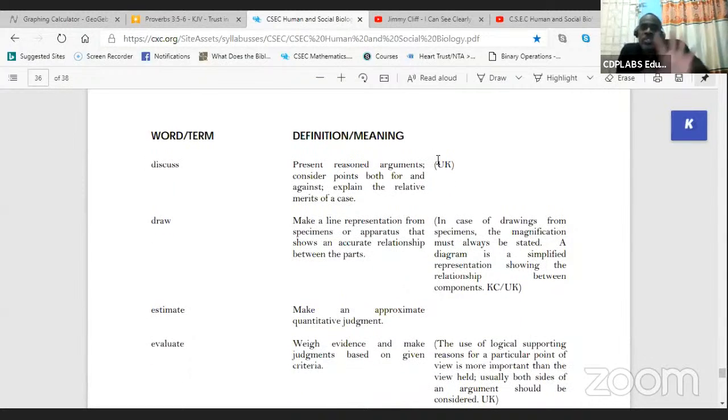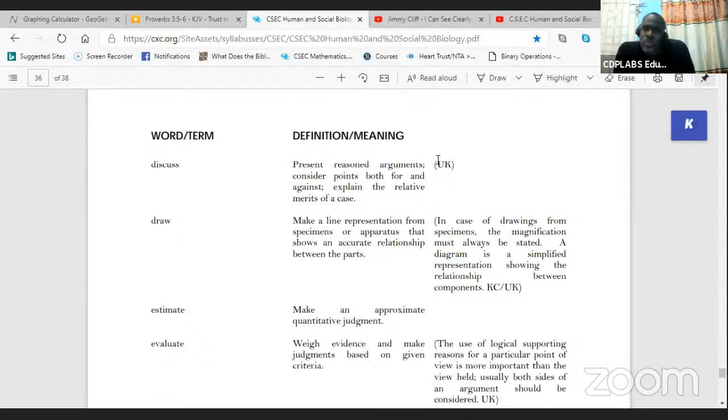Now, the word discuss. A lot of students fail miserably on this. Discuss: present reasoned arguments, meaning arguments that are factual, that can be proven to be true. Consider points both for and against.